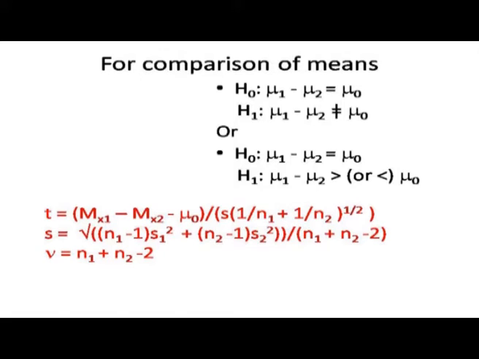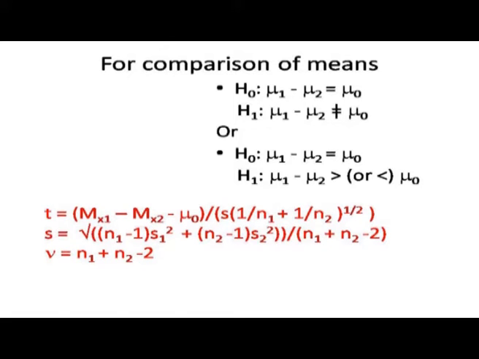This s is the square root of sigma n 1 minus 1 s 1 square plus n 2 minus 1 s 2 square divided by degrees of freedom, or n 1 plus n 2 minus 2.